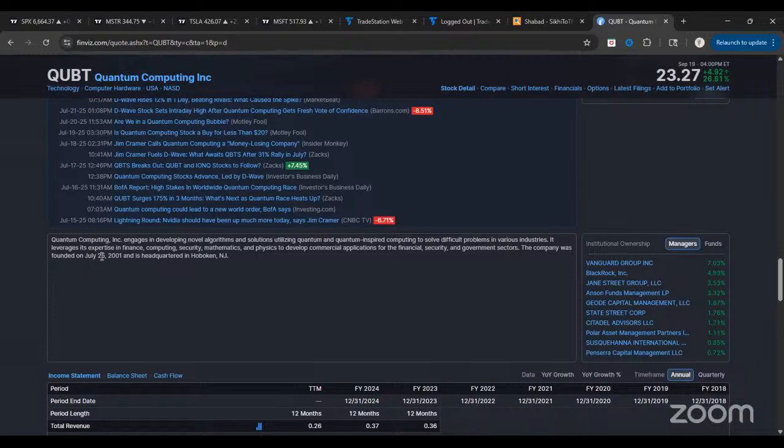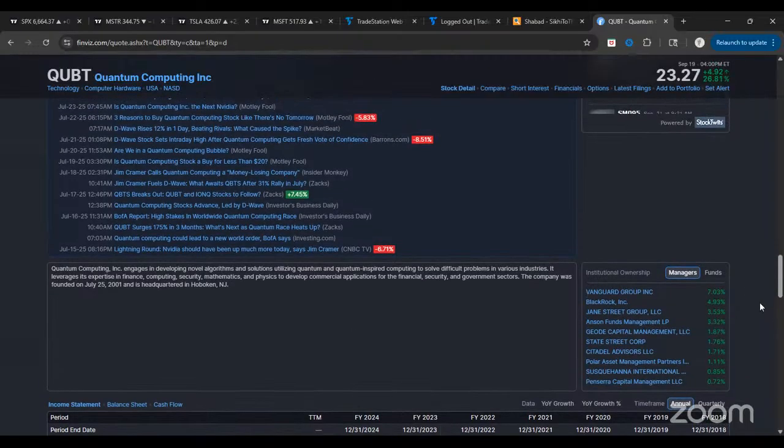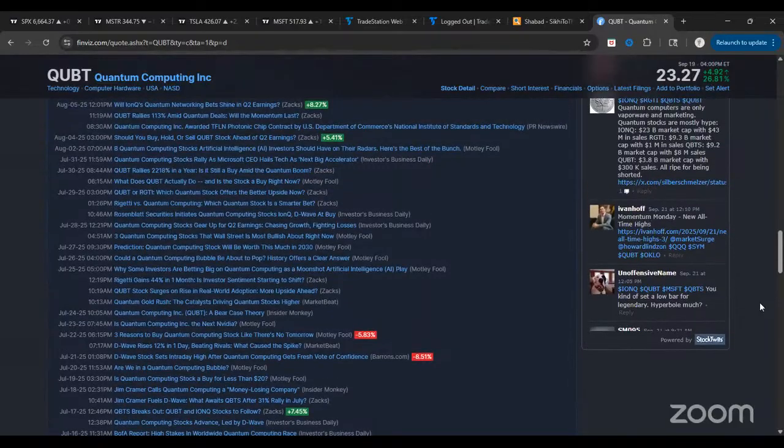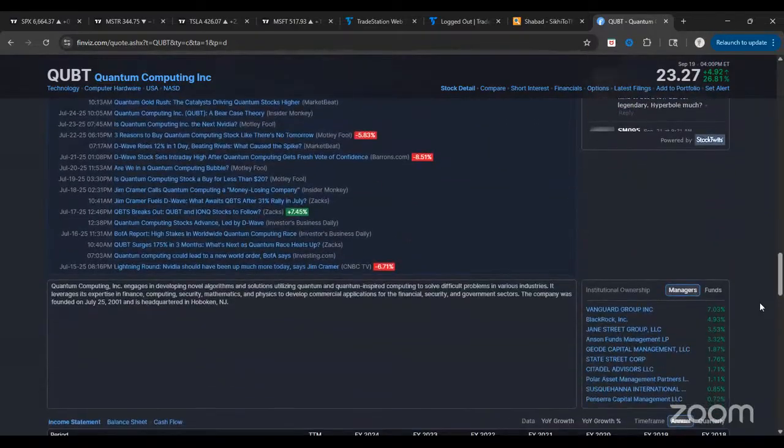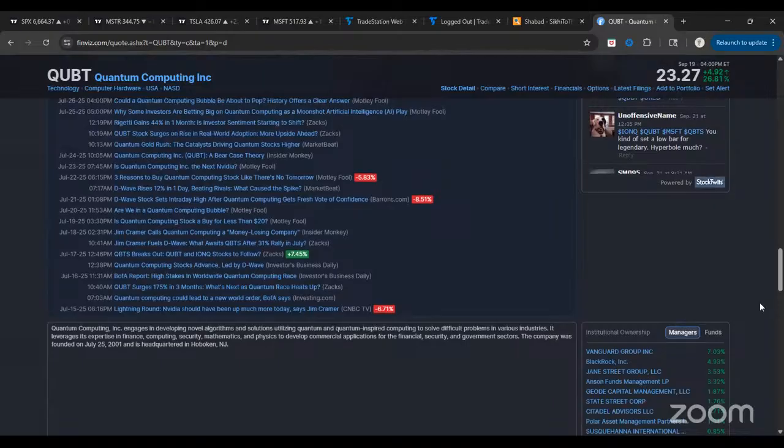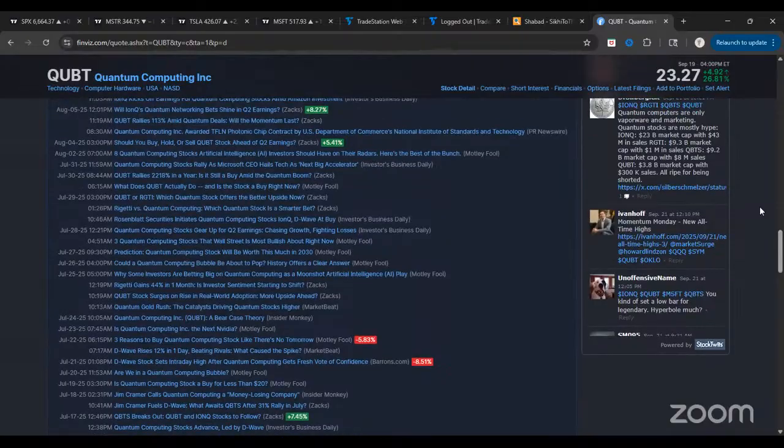The company was founded in 2001, and it's headquartered in New Jersey. So that's what they do. They can technically sell their products in multiple industries, which is a good thing, especially when it says government sector, just like what happened with Palantir.